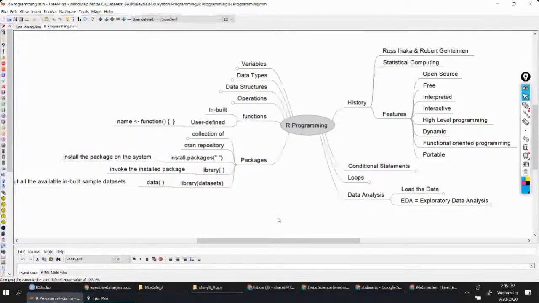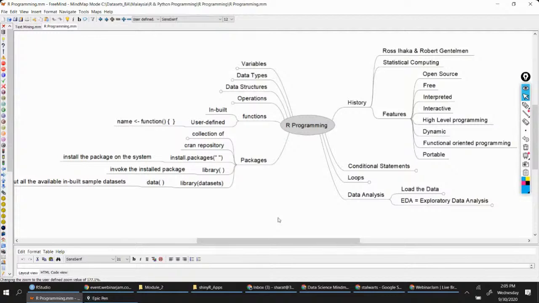Putting a question mark before any data set name or function will give us a wealth of documentation. We're taking advantage of these available resources for our practice. And if you have any additional external data, then you will also be loading that external data into your system. So that's what we have learned.